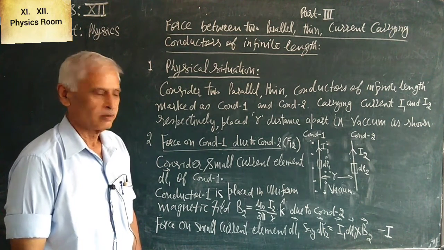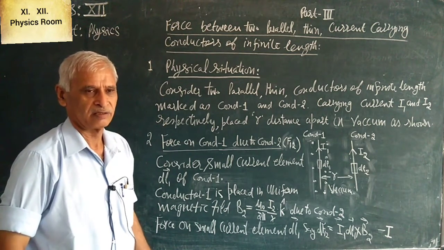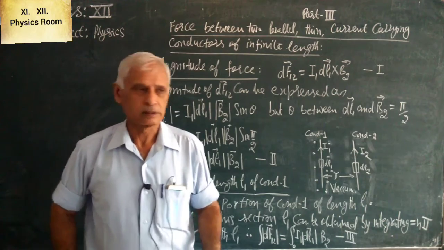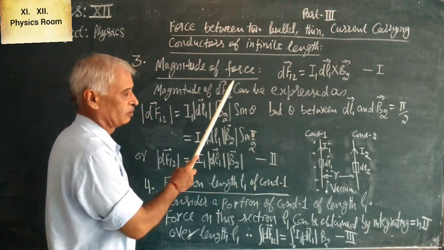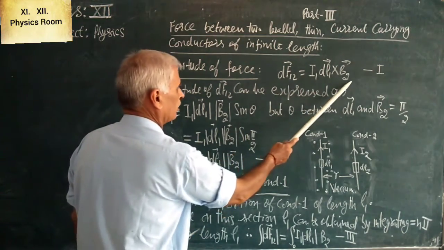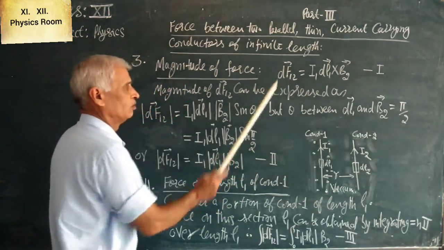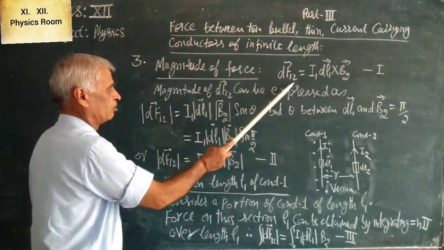And then we are to find out its magnitude and direction. Let us find out the magnitude of the force. Now this is equation 1, the vectorial expression of force on conductor 1 due to conductor 2.